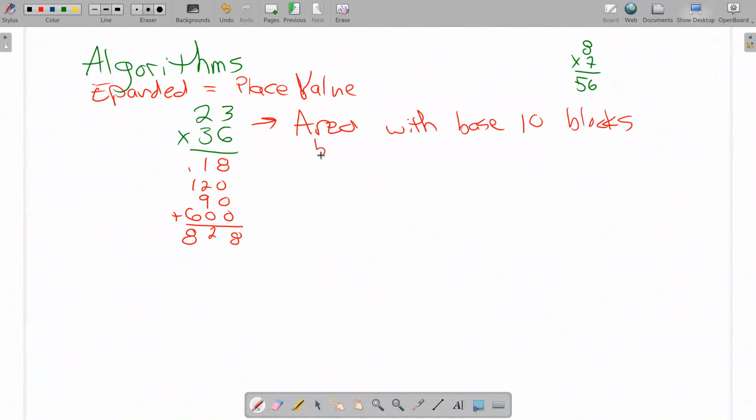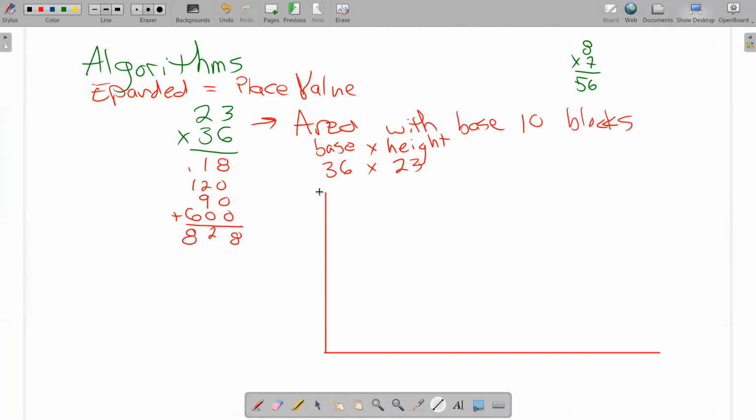So the area means I have a base times a height. And when I draw my areas, I usually choose the bigger number to be the base. So I draw my picture out longer than tall, but it doesn't really matter. So I'm going to say my base is 36 and my height is 23. And I'm going to think about that with base 10 blocks. So I'm going to start off, say, here's my base down here, and here's my height there.